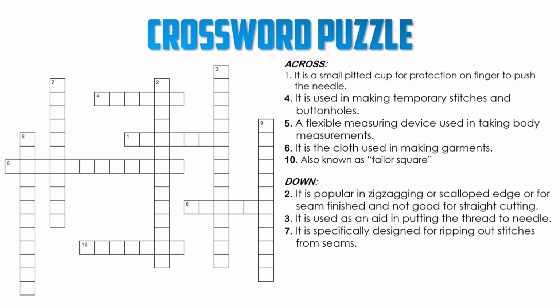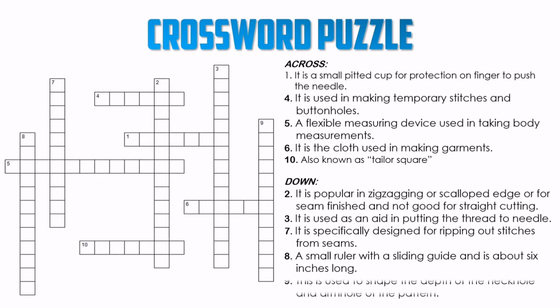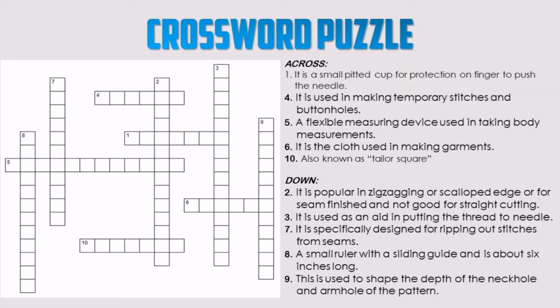Number 5 across, a flexible measuring device used in taking body measurement. And for number 6, it is the cloth used in making garments. Number 10 across, this is also known as Tailor's square.